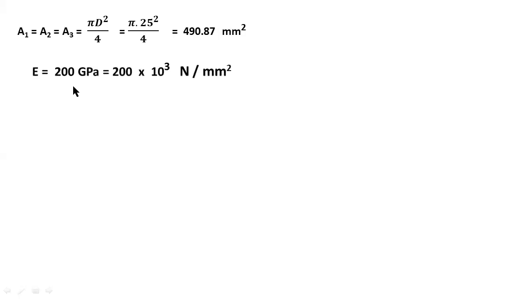Young's modulus is already given in the problem: Young's modulus equals 200 gigapascal equals 200 into 10 power 3 Newton per mm square. The original lengths are already given in the diagram. L1 is the length of bar AB, L2 is the length of bar BC, L3 is the length of bar CD. These are the original lengths.